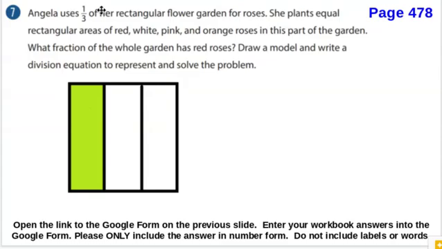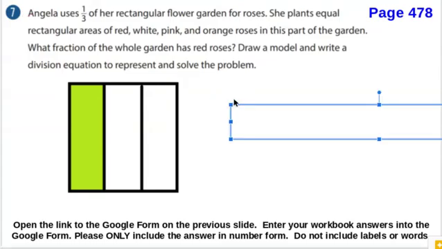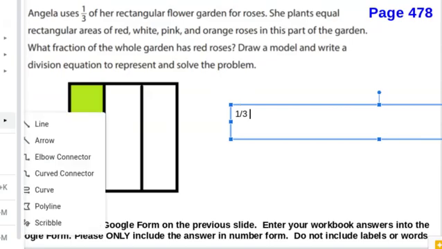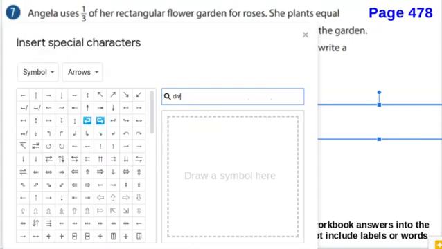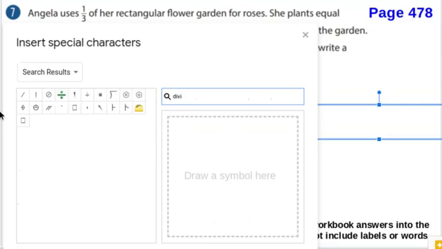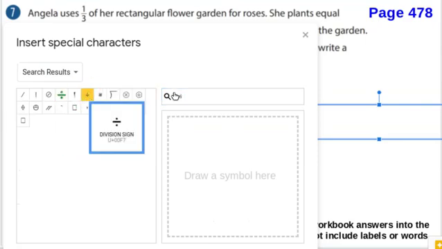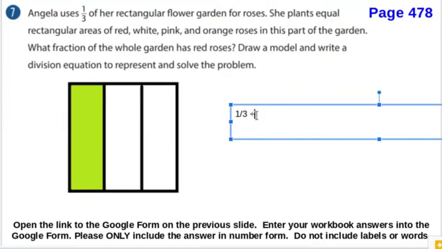So you can see that I have to take 1/3, and I have to divide it by, so let me get the division symbol here. Divide right there. And we're doing 1/3 divided by 4.